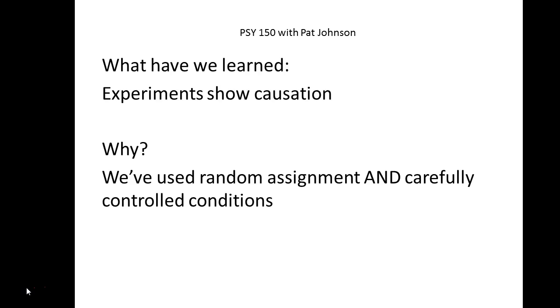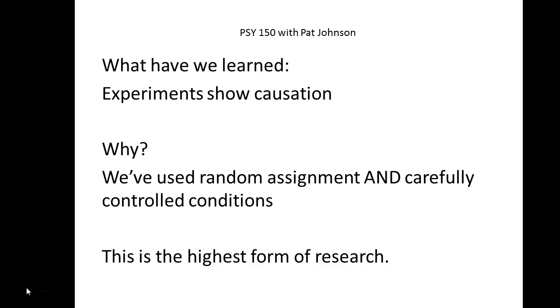In other words, everything's the same for the two groups except the level of the independent variable. If we have done that, then we can truly use the word cause or causation. That's the highest form of research, when we have carefully controlled for everything except the level of our independent variable. Then we can say A caused B.